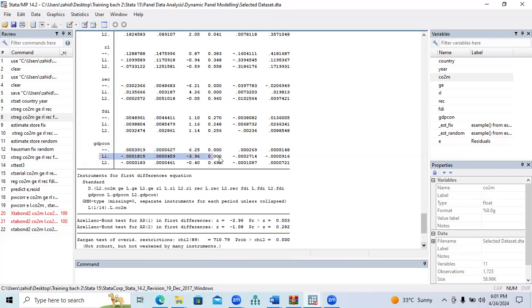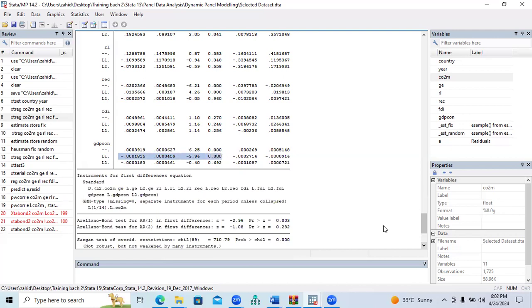So we need to check or we need to verify our hypothesis. If our hypothesis is indicating a positive relationship, we should consider the current value of GDP constant. If our hypothesis is supporting the negative sign, then we should consider the lag value of our variable.